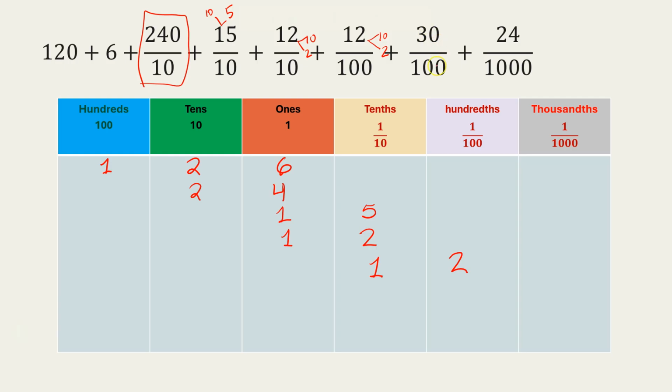And then 30 over 100 really is just 3 tenths. And 3 tenths is going to be right here. And then this one right here is 20,000th and 4,000th, right? The 4,000th is going to stay and the 20,000th is going to move up to the next place value. So I have 2, 4 right there.